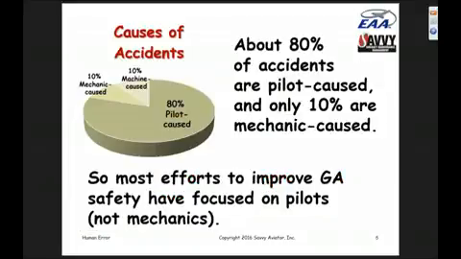Now, most of the time, the errors are made by pilots. There have been a number of studies on this. The numbers will vary slightly from one study to another, but in general, about 80% of all accidents are pilot caused, and only about 10% of them are mechanic caused, with the remaining 10% being caused by the machine rather than human error.